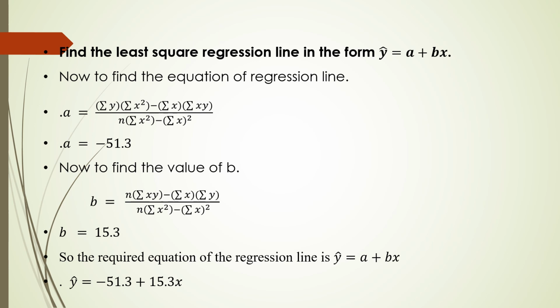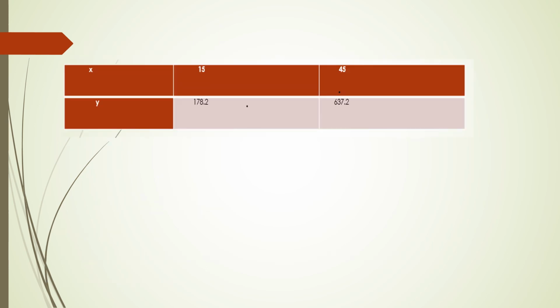Now, dear student, after this we will take any two values between the smallest and the highest number from the given values of x. Let's suppose I took 15 and the second number I took is 45.